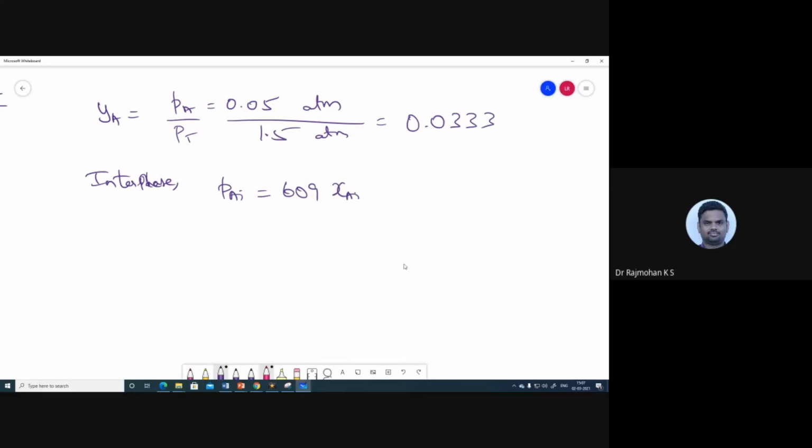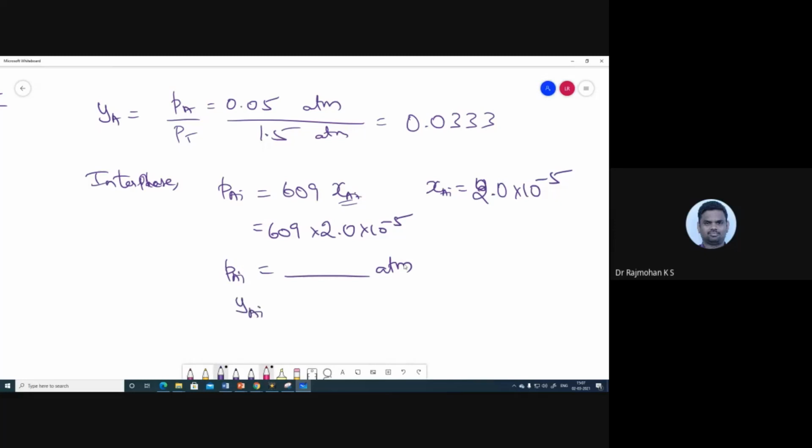In the bulk of the liquid, the mole fraction is given to be 2 into 10 power minus 5. So we get 609 into 2.0 into 10 power minus 5, which gives the partial pressure in atmosphere at the interface.